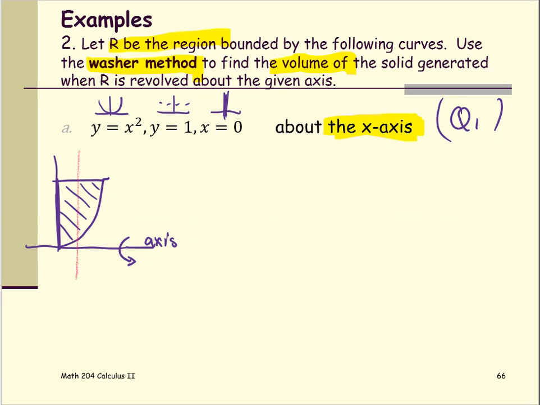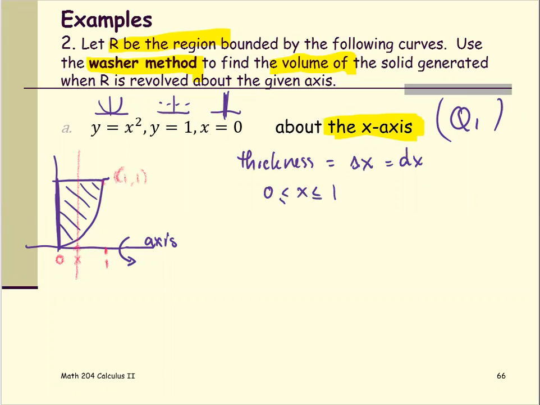That is the x position, and x will be from the lower limit 0 to the upper limit 1, the intersection point (1, 1). With this setup, you know the thickness of the washer is delta x, or dx. The interval of integration, x, is from 0 to 1.